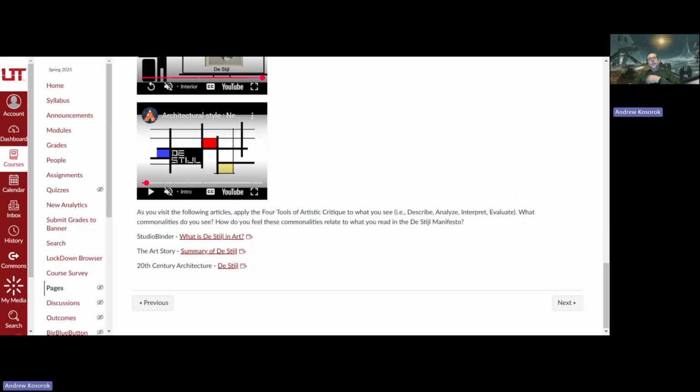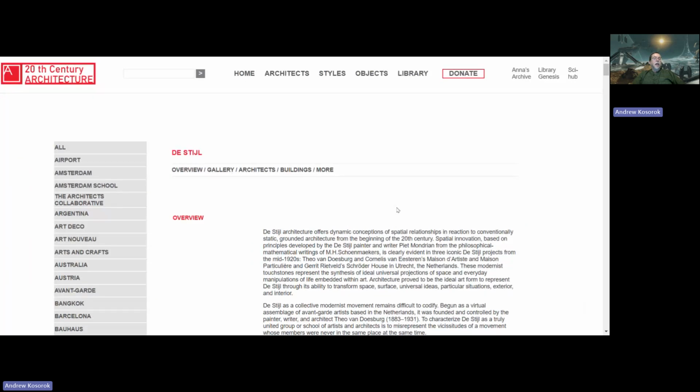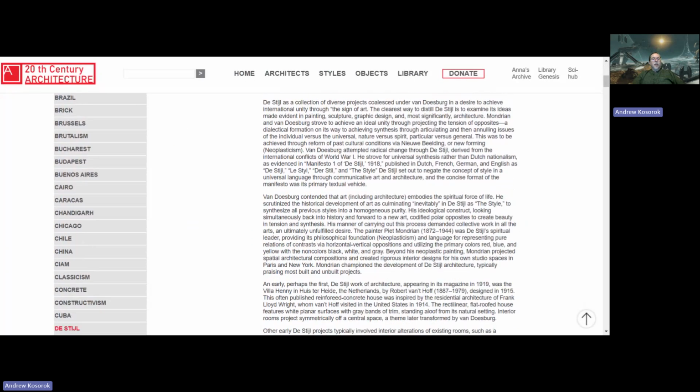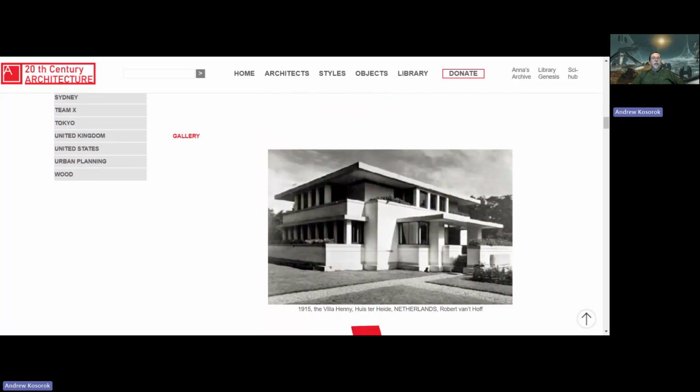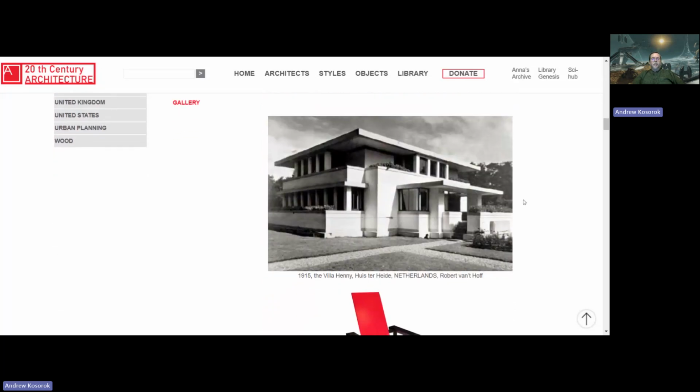And you can see the influence of architecture with the American Prairie style. We talked about how connected that is to De Stijl and, I'm sorry, the Bauhaus. What's really fascinating is you get Frank Lloyd Wright, who defined American Prairie style.